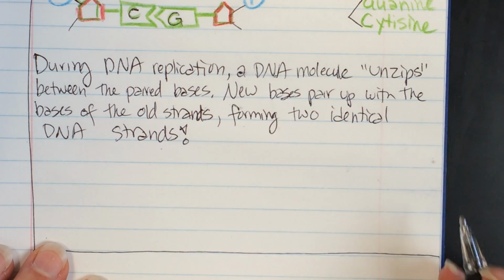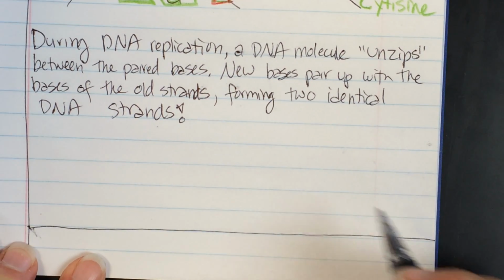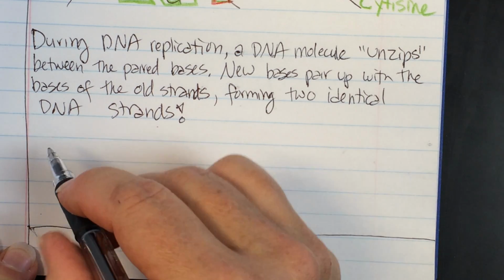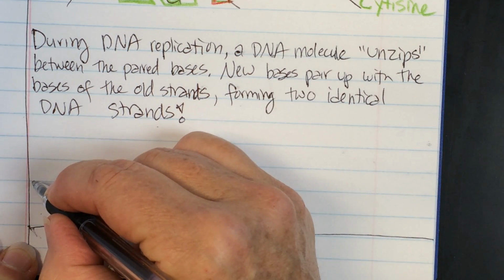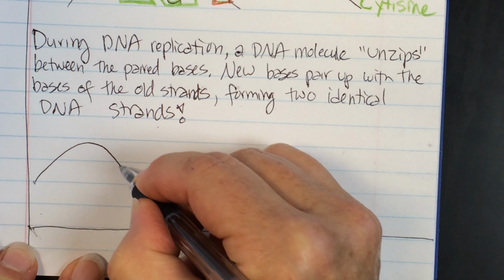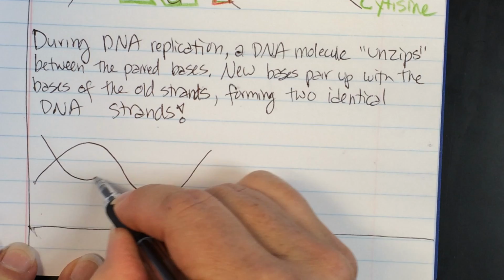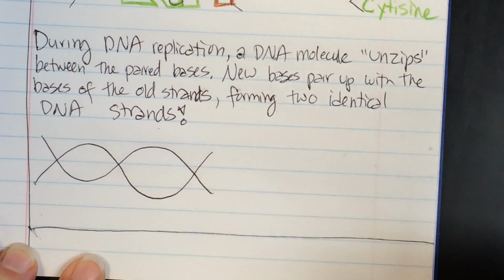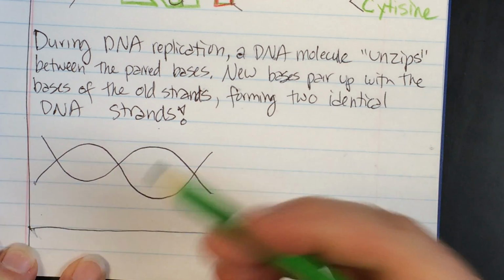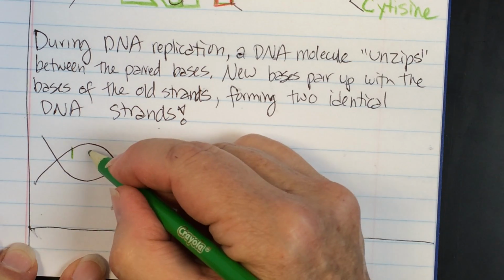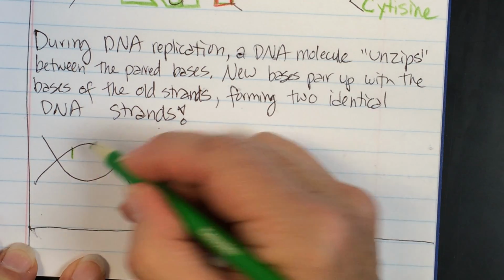This is how it works. Okay, now I'm not a very good drawer, but I'm going to try. Okay, so we have our original strand like this. Okay, and let's say these are the different bases.